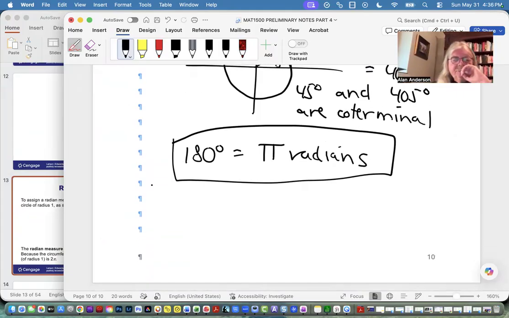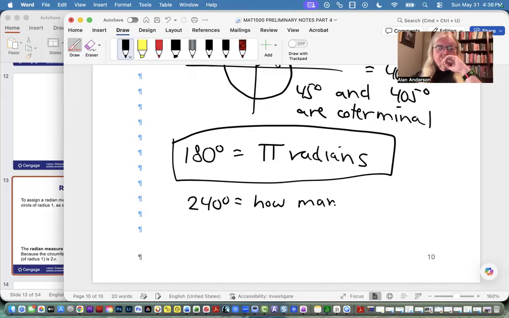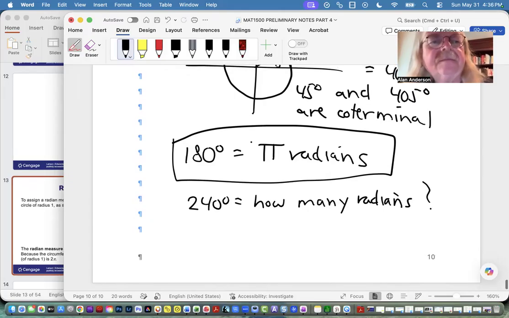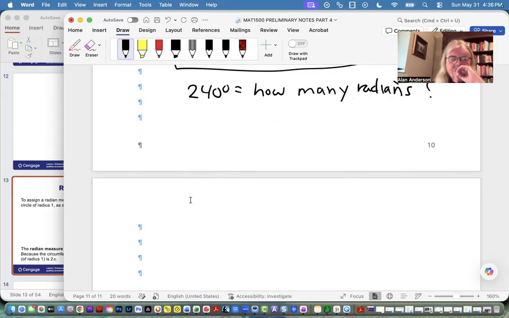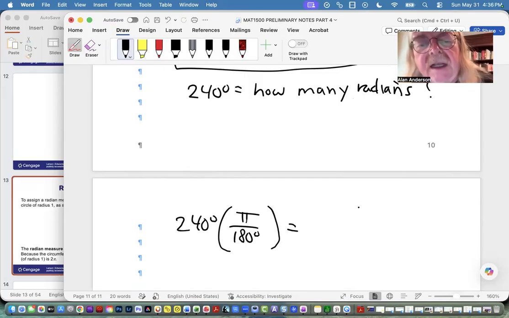So, for example, what I'm going to do is multiply that by pi over 180 degrees, and that's going to give me 4/3 pi radians.